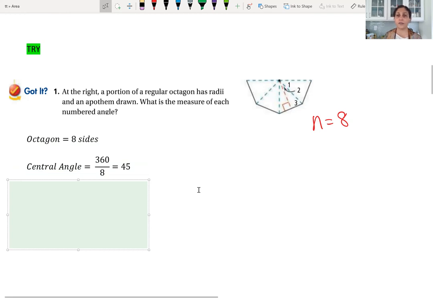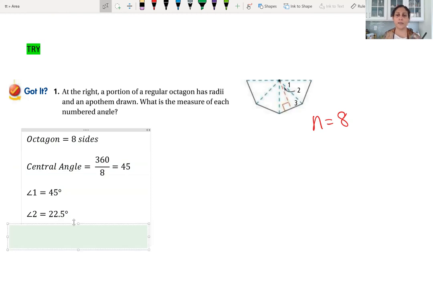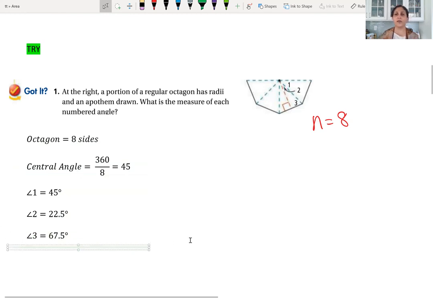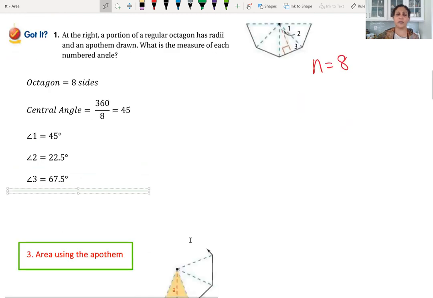And so angle 2, which is part of the smaller triangle, is half of angle 1, which is going to be 22.5. And then angle 3 is the complement of angle 2, which is now going to be 67.5. And you're going to use all this information in a moment.